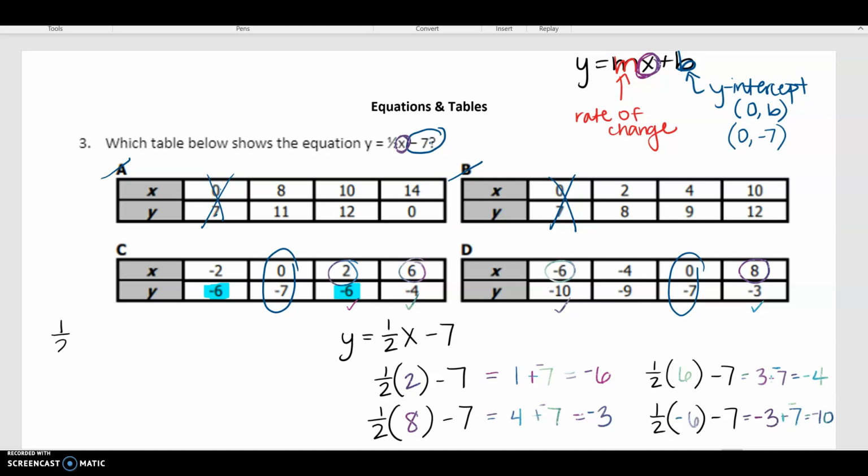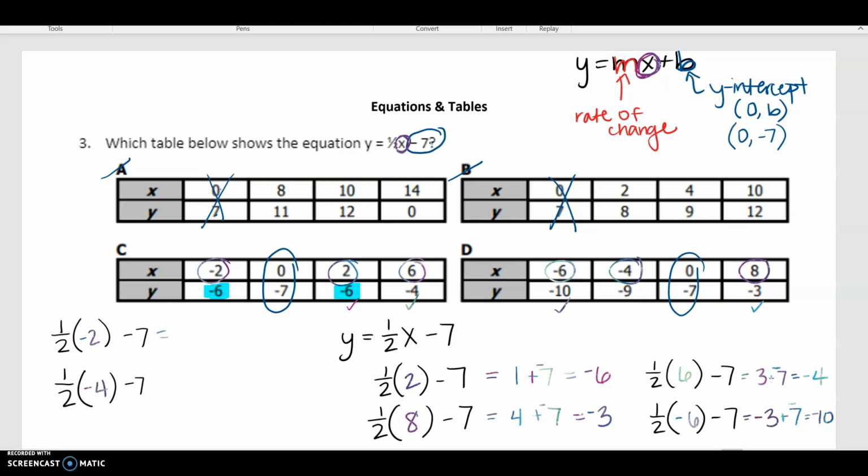So we're going to go ahead and just finish these last two pieces of substitution. So yes, this problem has been a little bit lengthier than it needed to be, but I want to make sure you guys are truly understanding the substitution piece. So I'm going to plug in the -2 and the -4 and see which one works.